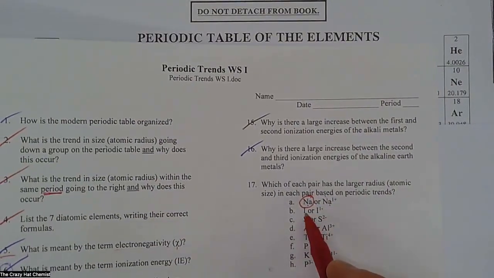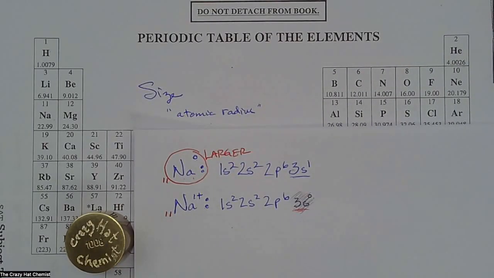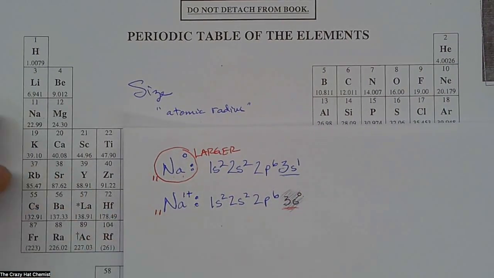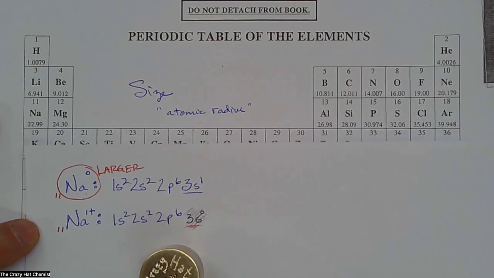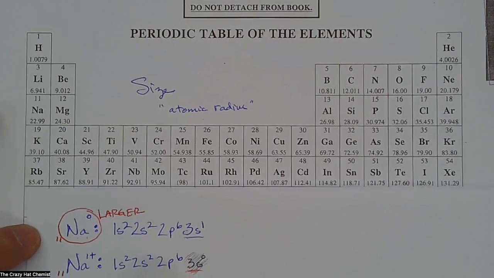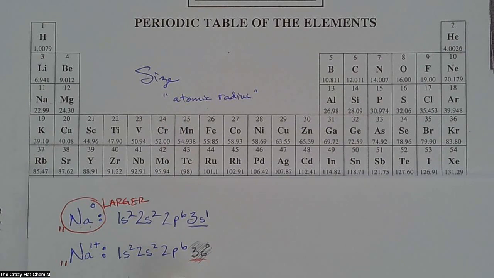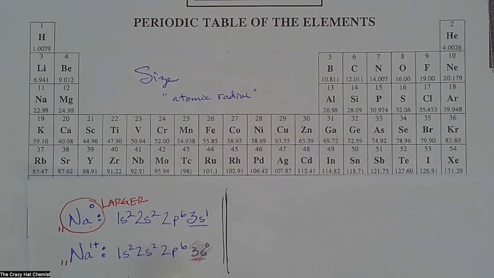And then the next one is iodine or the iodide ion. So what we're going to do is we're going to draw that out so that you can see that. So slide this over just a bit. And where is iodine? Iodine is right over down here. And so we're going to draw out the electron configuration for iodine.